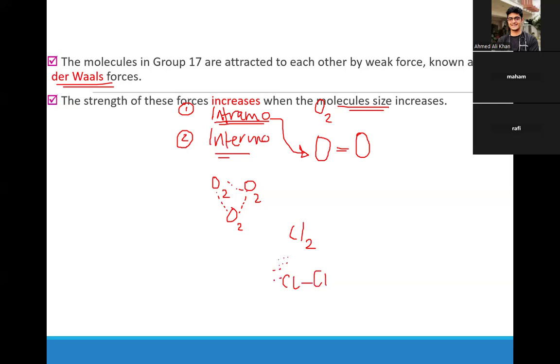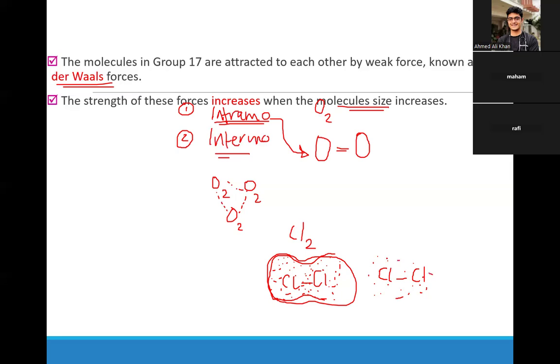This chlorine atom has electrons orbiting it, and it is sharing some electrons with its neighbor chlorine. So the chlorine molecule has this electronic cloud, and electrons are constantly orbiting in this cloud. And when it comes into interaction with another chlorine molecule in its vicinity, what will happen?